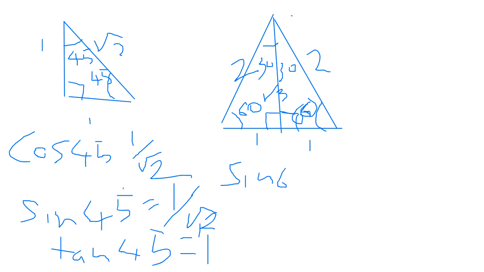Then other special angles we can talk about: sin 60 is opposite over hypotenuse. It will be root 3 over 2. We can talk about cos 60, which is adjacent over hypotenuse.